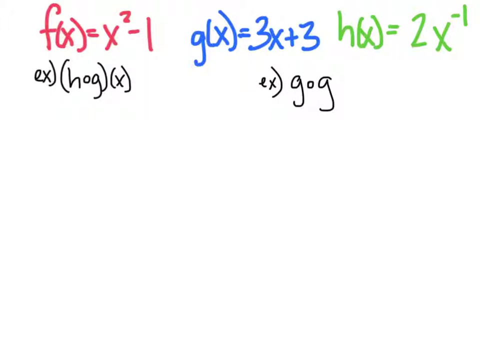All right, now let's look at these next two examples, which are just different ways that I can write composition of functions. This h of g, this just means h of g of x. So the very first thing I'm going to do is figure out what this g of x is. Okay? So it's h of g of x is 3x plus 3.